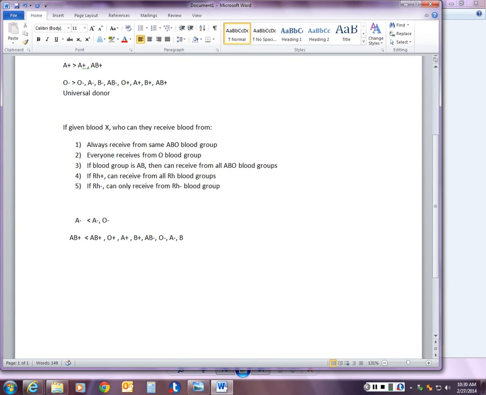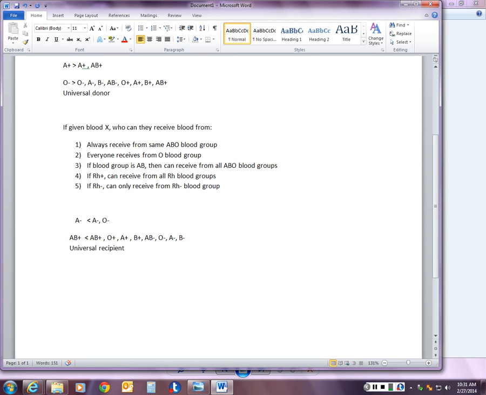So the list of people who AB positive could receive from would be AB positive, O positive, A positive, B positive, AB neg, O neg, A neg, and B neg. This is all 8 possible combinations once again. So AB positive is our universal recipient. It's the exact counterpart to an individual who is O negative.